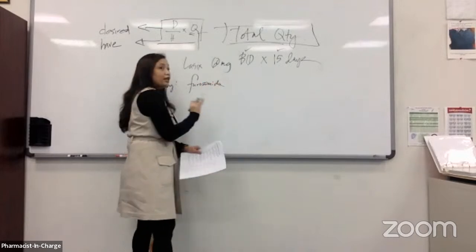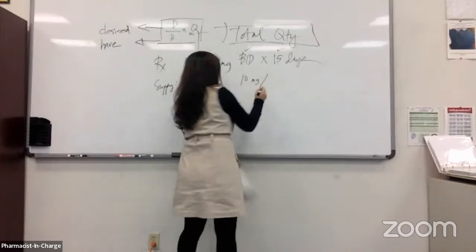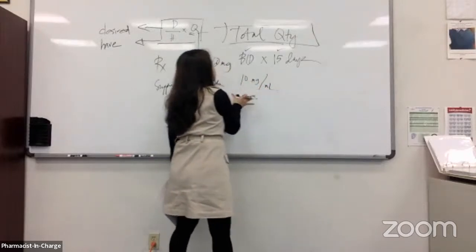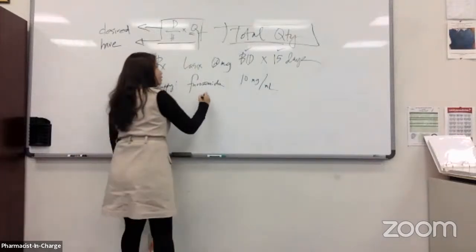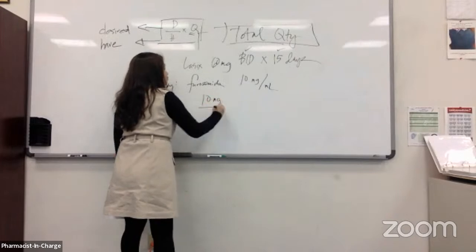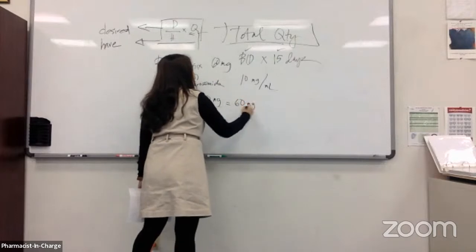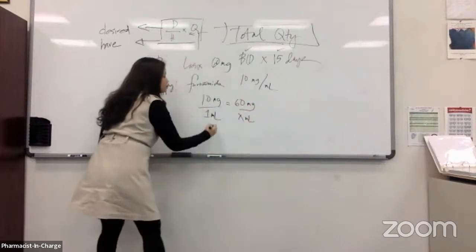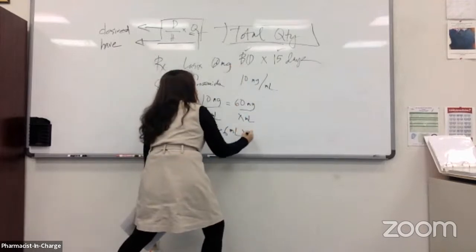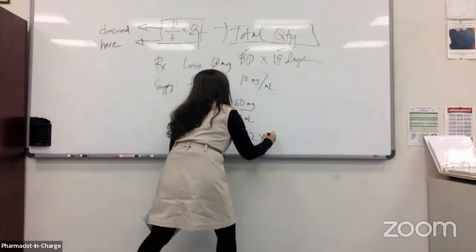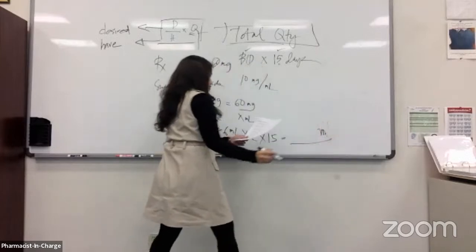This tells you that you can dispense generic, and we usually do, 10 milligrams per ml, and it tells you that Lasix also come in liquid form. Okay, same 10 milligrams for every ml. We did this earlier. 60 milligrams is to X ml. You remember your answer here? 6, right? What do you do here? Times 2. What do you do here? Times 2. You're being asked for total, so total would be 1. What's the answer? 1.